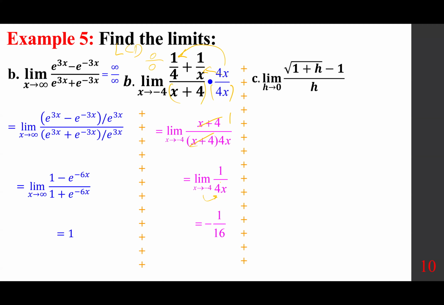What about this one? Same thing. If you plug in, what do you get? 0 over 0. So what is the technique? Conjugate. You multiply by the conjugate of the numerator and you divide by it.